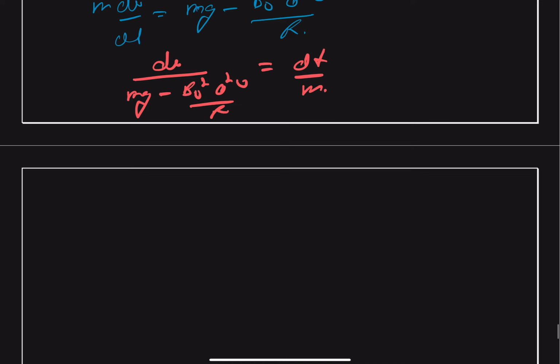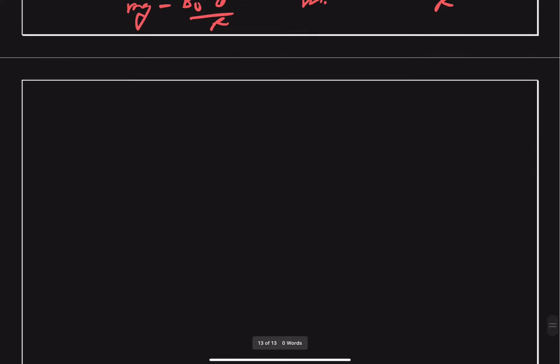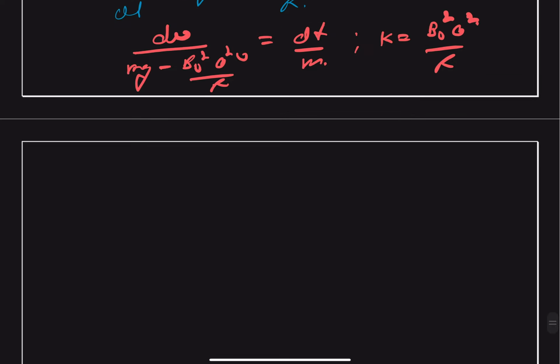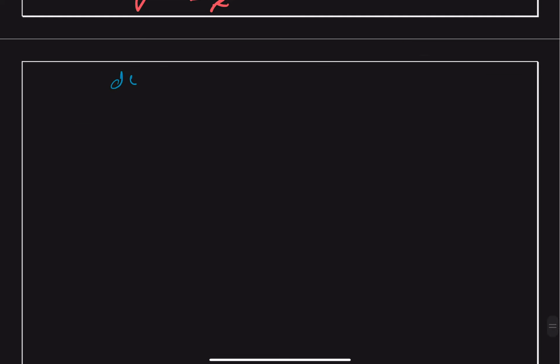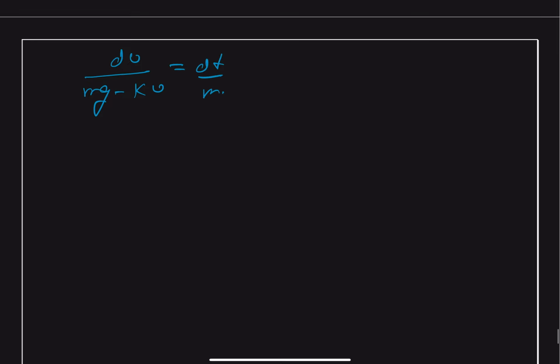And we assume a factor k, and this factor k is equal to B naught square A square upon R. So we get dV upon mg minus kV is equal to dt upon m. Now we simply integrate them from 0 to v, and we have 0 to t.